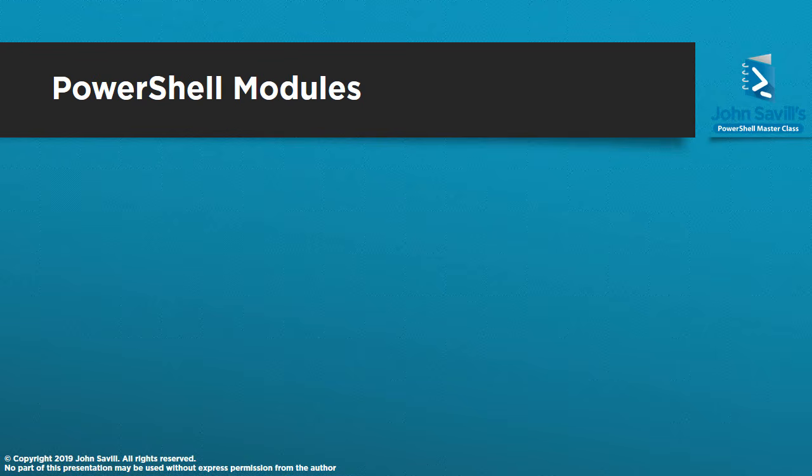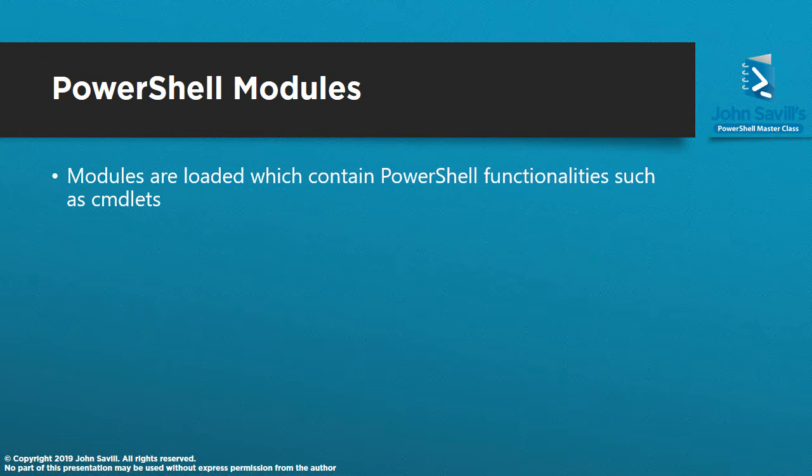PowerShell modules. Modules are loaded which contain the actual pieces of functionality I want to use, the cmdlets, those commands I'm using. Now, prior to version 3 of PowerShell, I had to manually load in modules. If I wanted to do a piece of functionality, I could look at all the modules that I have currently loaded.